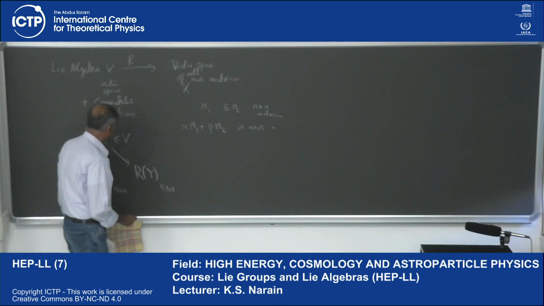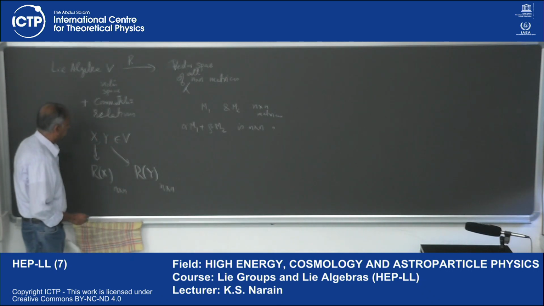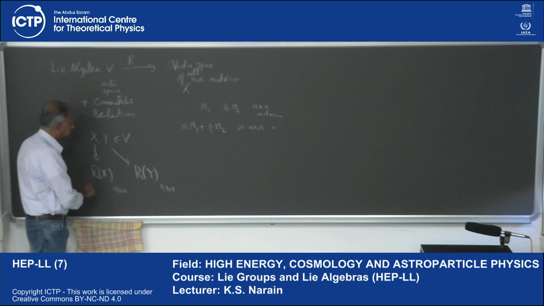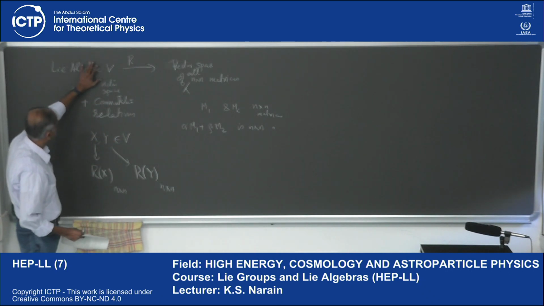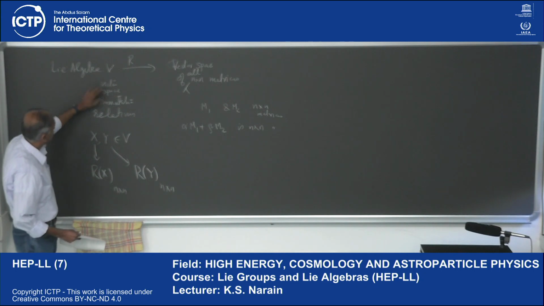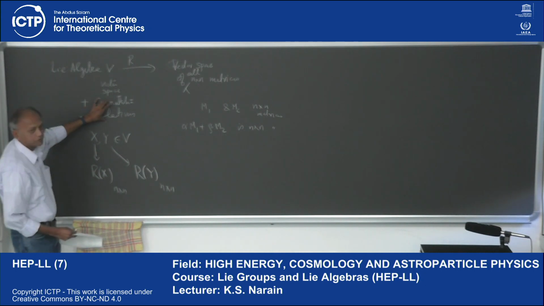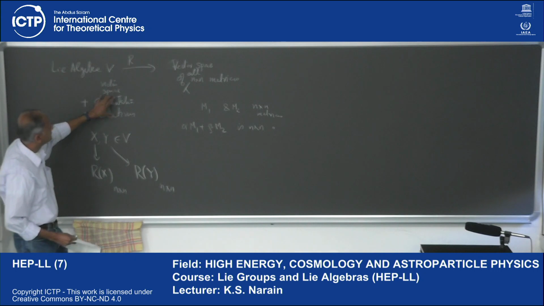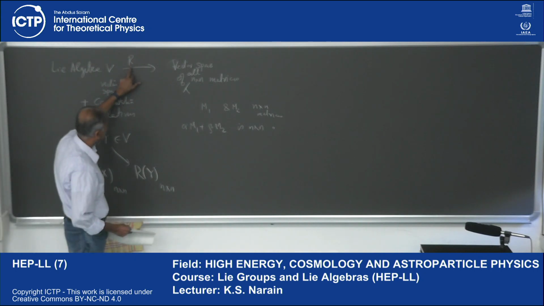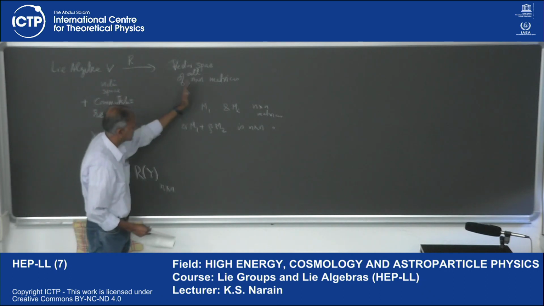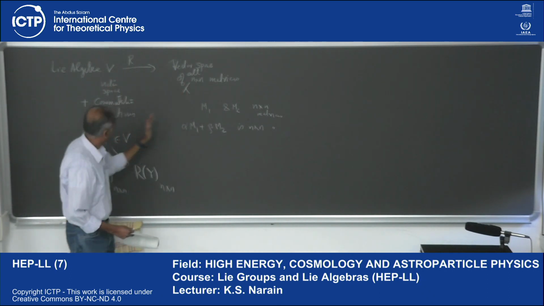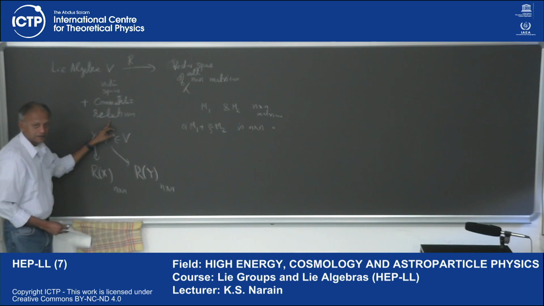But there was one more condition that we had. This is just one structure. As I said, a Lie algebra has one more: there's a vector space structure, and then there's a commutation relation. So what we demanded for the representation R is not only that the vector space structure is preserved, but also that the commutation relation is preserved.